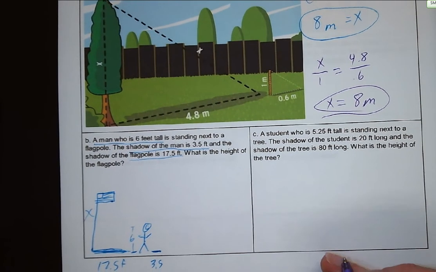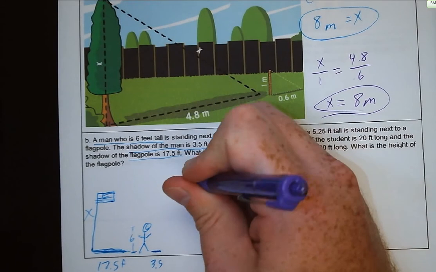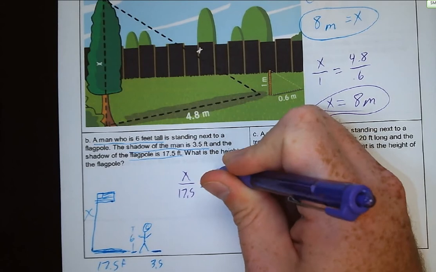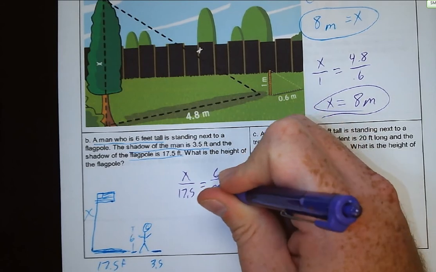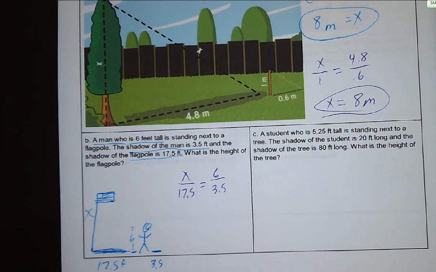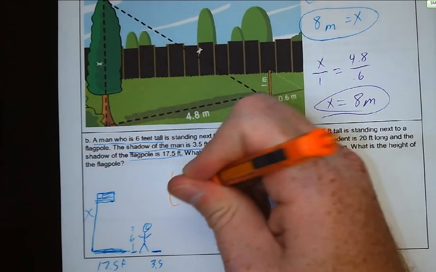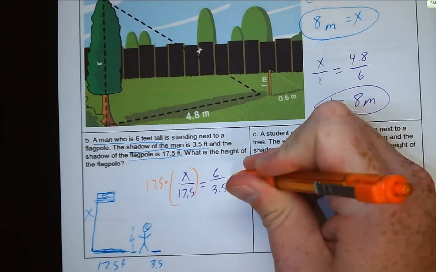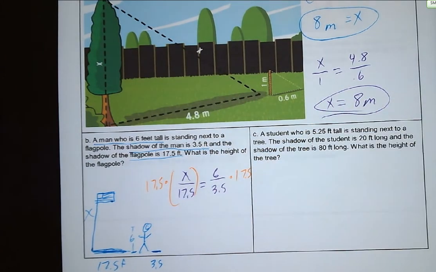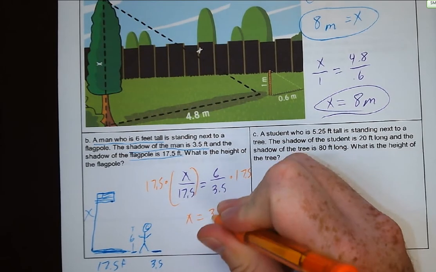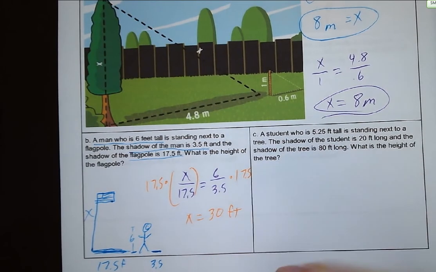We have x over 17.5 is equal to 6 over 3.5. And now we just need to multiply both sides of our equation by 17.5. And when we do the math, we find that x is equal to 30 feet.